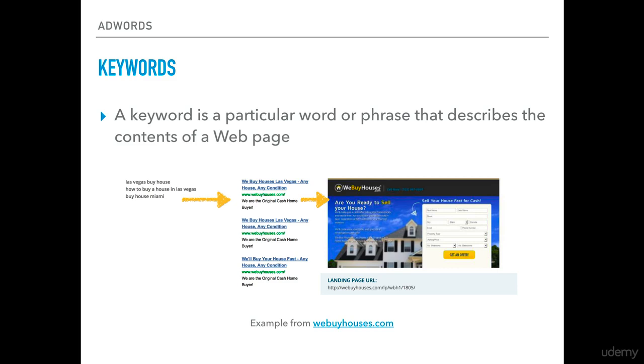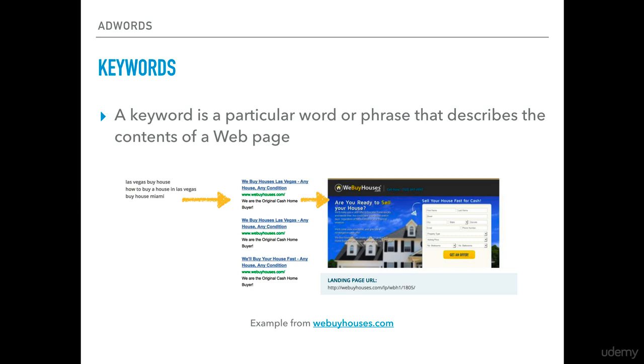We buy houses Las Vegas is the same, and we'll buy your house fast, any house, any condition. So these are three headlines that were used to attract people who were typing in words like Las Vegas buy house. So in this particular case, Las Vegas buy house is a key phrase, and that key phrase via the advert has brought people to this We Buy Houses website.